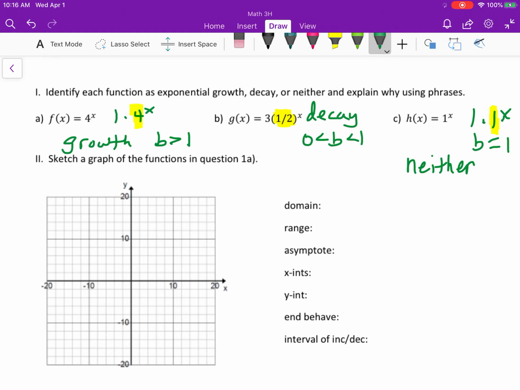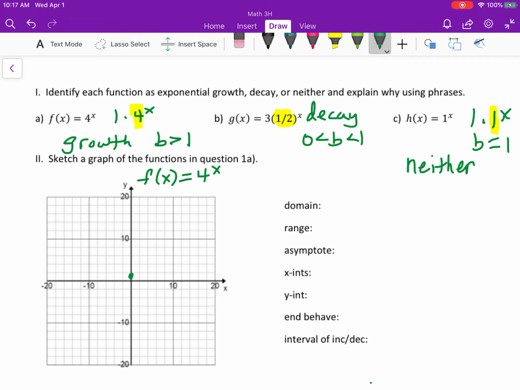Now, I asked you to sketch the graph in question 1a, which was f of x equals 4 to the x, or 1 times 4 to the x. That helps you because the 1 is the y-intercept right here. These go by 2's.